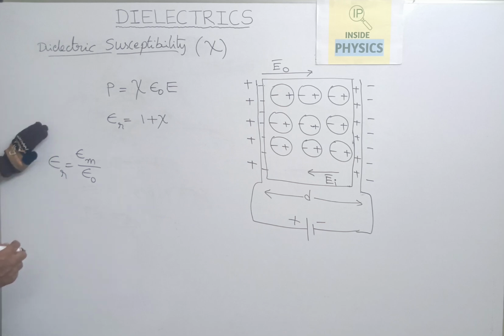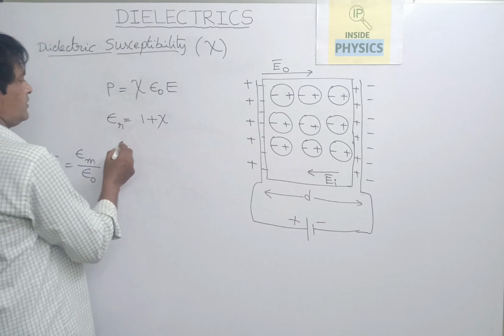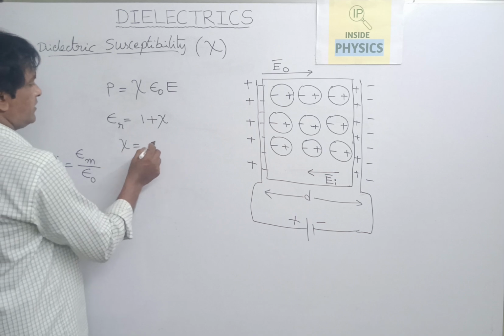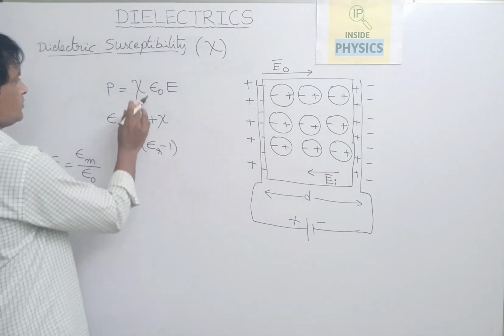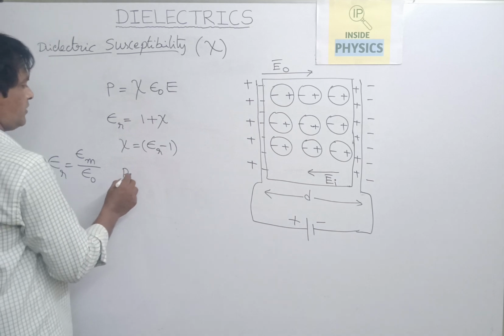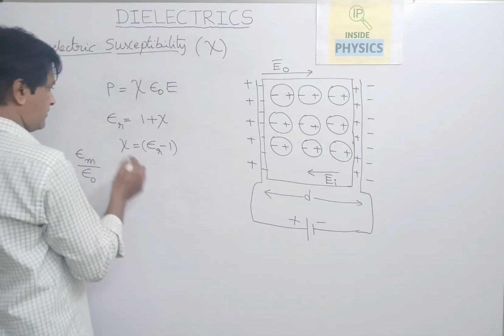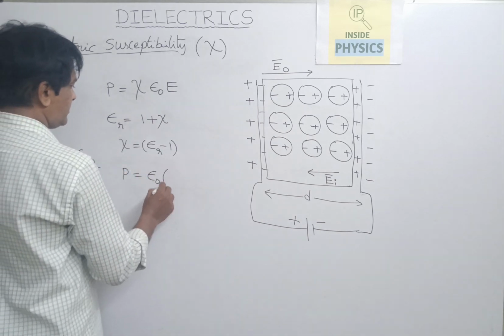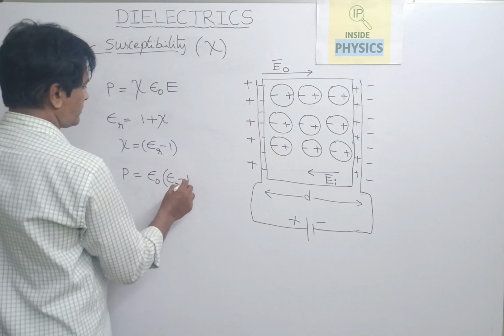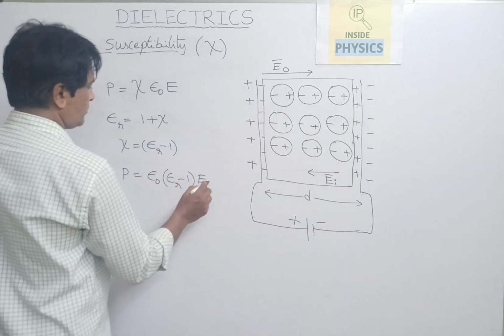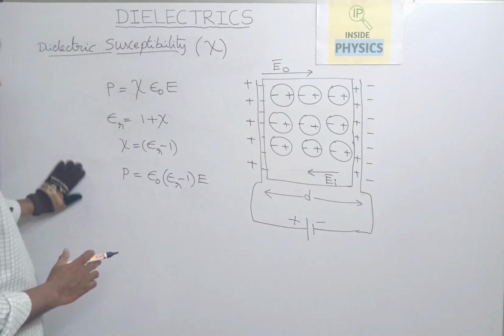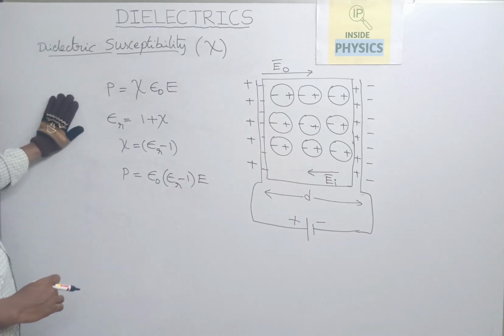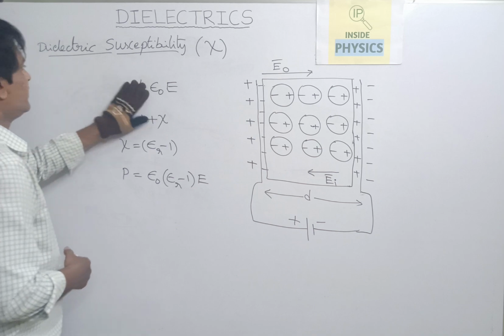Now if you consider chi, it is epsilon r minus 1. So place epsilon r minus 1 in place of chi, and this becomes epsilon naught into epsilon r minus 1 into E. So the terms are all exchanged into permittivity terms. This is how we understand the susceptibility of a particular dielectric material.